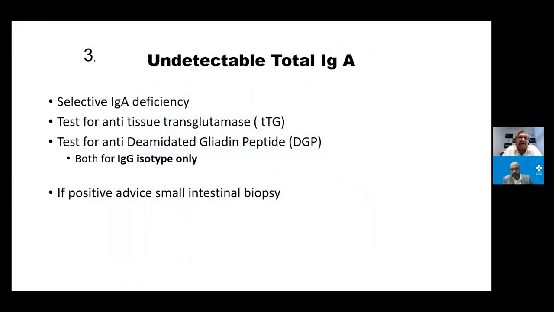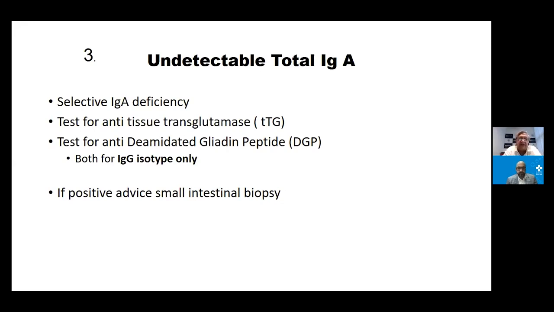If, on the other hand, there is undetectable total IgA, that would mean that the person has selective IgA deficiency. Then we should test for anti-tissue transglutaminase and anti-deamidated gliadin peptide, and both should be IgG type only, because IgA is deficient.